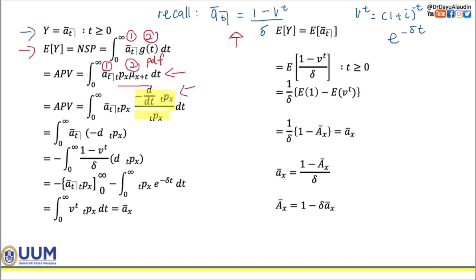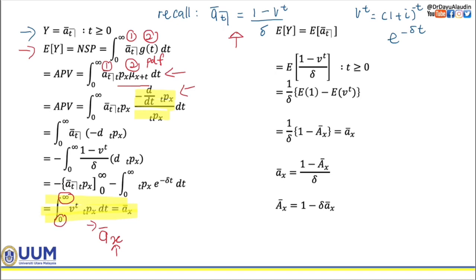Then we simplify the equation and finally we get v^t times tpx dt for the whole life annuity. So a-bar x, referring to the continuous case, has a bar, x for current age, and we don't have n since it is whole life. For whole life, the integral is from 0 to infinity.